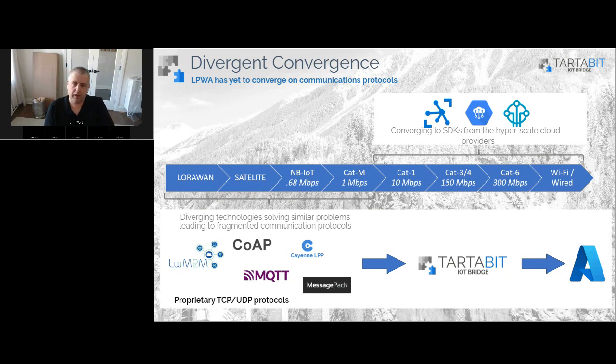But if you have an LTE Cat-M, narrowband IoT, satellite, LoRa, anything where you care about battery, data consumption, bandwidth, then typically these SDKs don't do what you need, and that's where our Tardabit IoT bridge comes in. We talk all the low power technologies across the board and bridge that into Azure and other ecosystems. And so this is where we fit in the space.